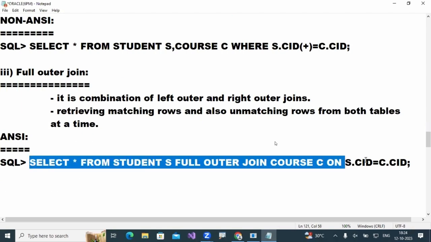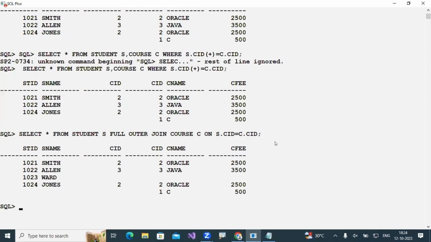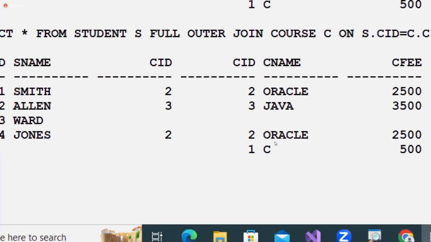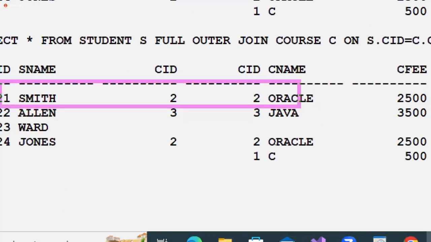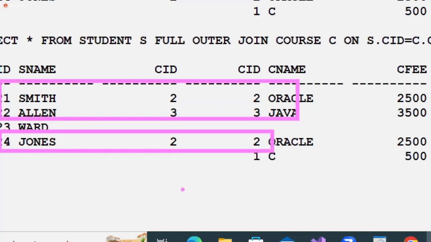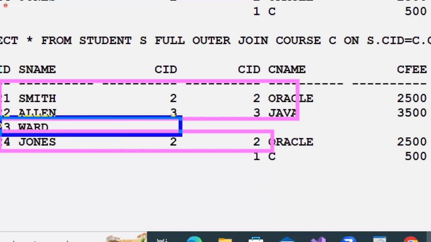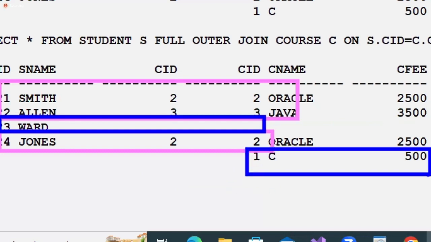Now I execute this full outer join on the tables, and you can see the complete information about your two tables. Carefully observe: 2, 3, 2 are matching, and this is also matching. Here the unmatching row of your student table has the corresponding row in the right side table as nulls, and the unmatching row on the right side is C language, with the corresponding left side table taking nulls.